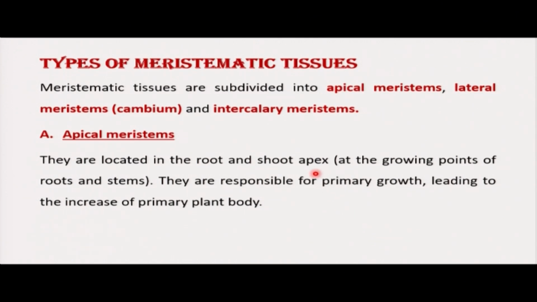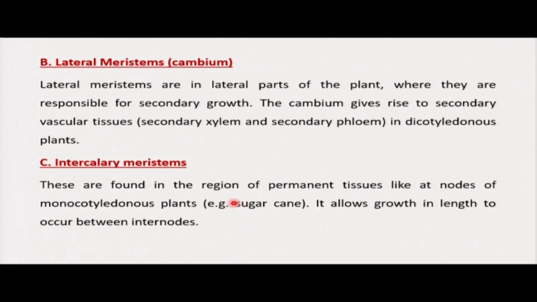Then types of meristematic tissues, we have said apical, lateral, and intercalary meristems. Apical, we have talked about it, located at the tip of roots and shoot. They are responsible for primary growth, leading to the increase in the primary plant body. That means the increase in terms of length, increasing in terms of height. Then we have lateral meristem.